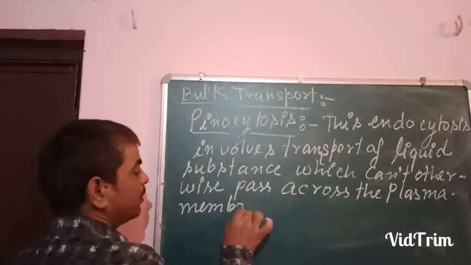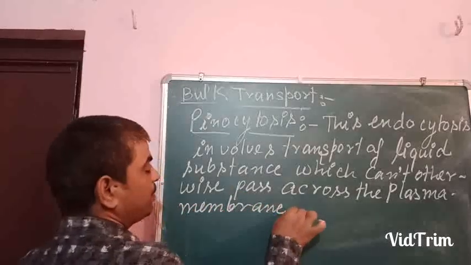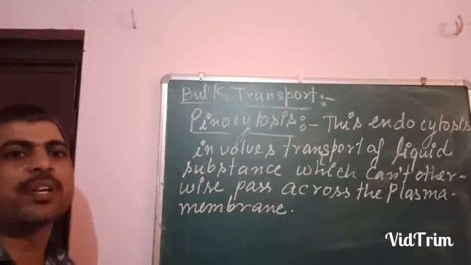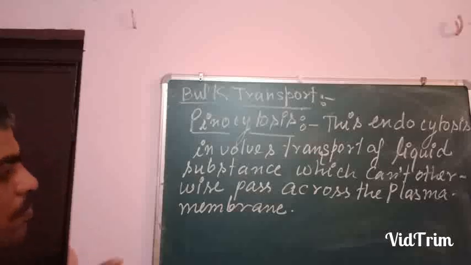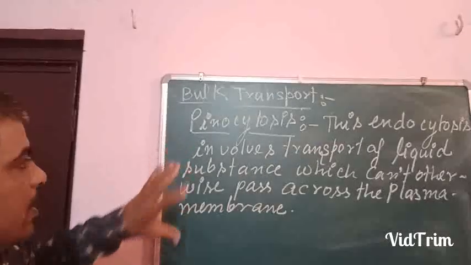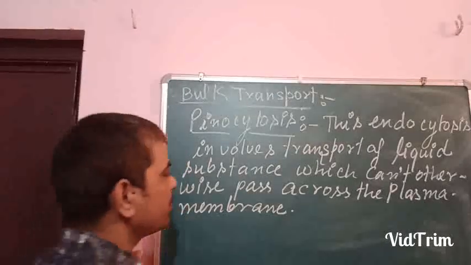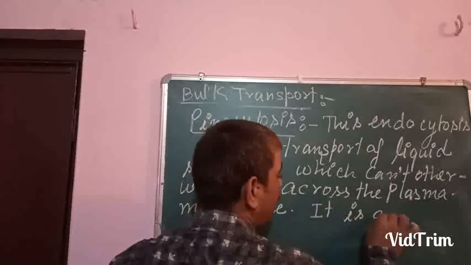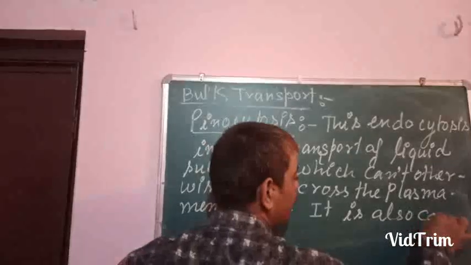Okay, if they themselves are able to pass across the plasma membrane, that will be passive transport, but they are not able to pass themselves, so this is pinocytosis. It is also called what?